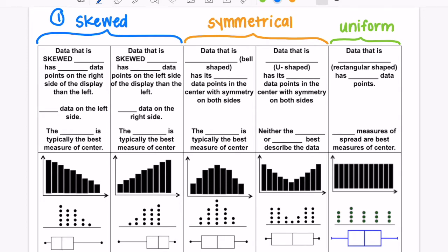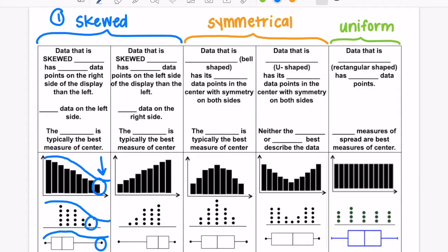We'll look at this first column here, where we have these data distributions, and each of them has what we would call a tail on the right side, meaning that it has less data on the right side of the graph.